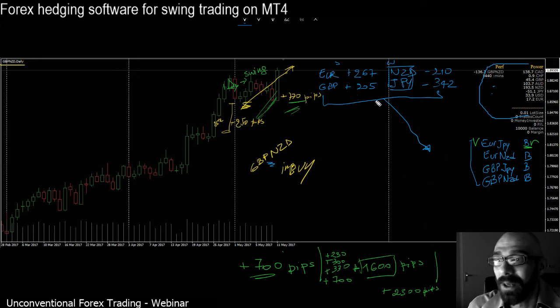This way, anyway, you're hedging, combining together really correlated pairs, really correlated currencies. And in this case, we had an outcome.